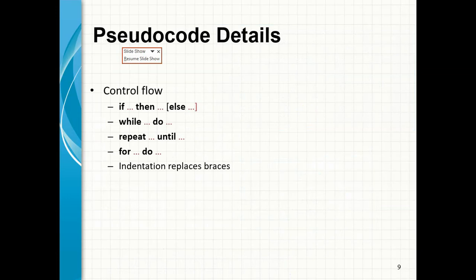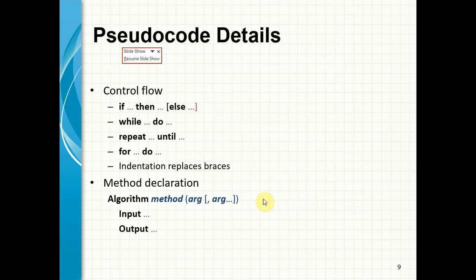By convention, we will have wording like if-then-else, while-do, loop, repeat-until, for-do, and indented space to signify the structure. We will also have method declarations: the algorithm, the method name, a list of arguments, and some input and output.